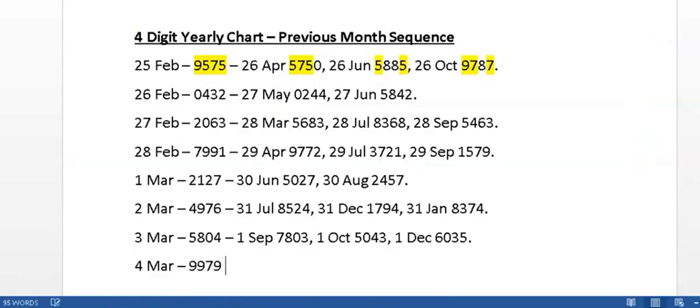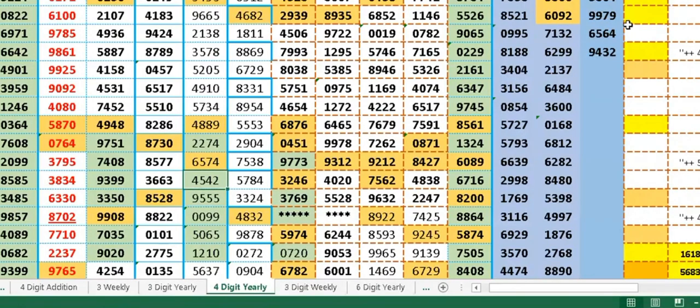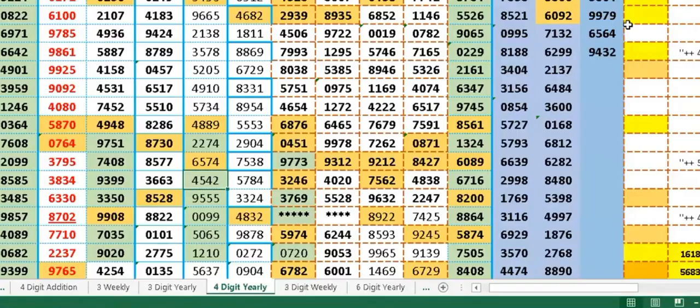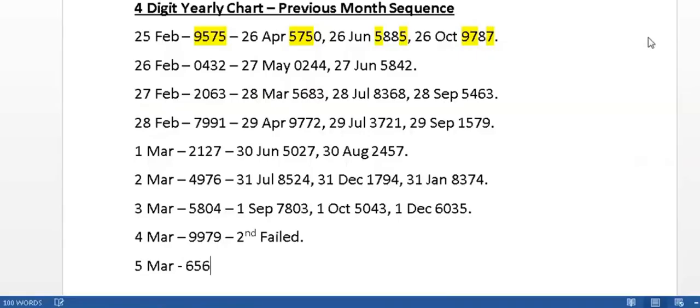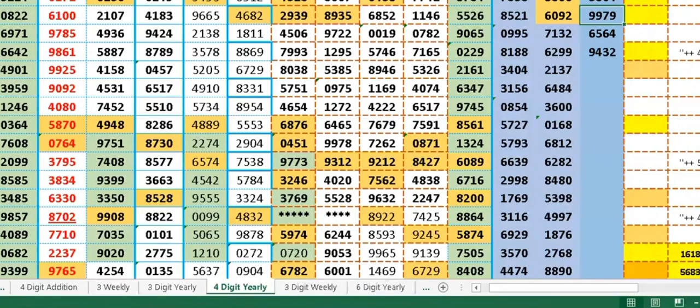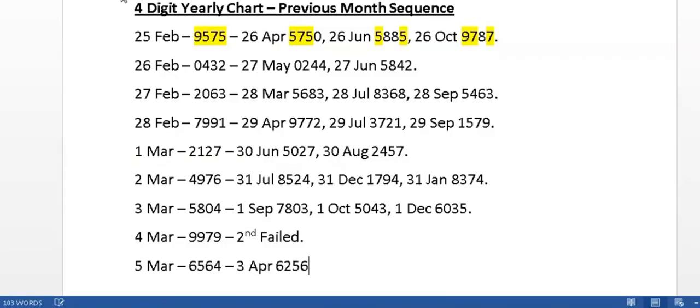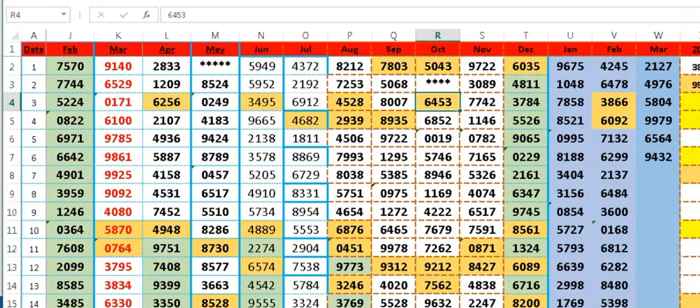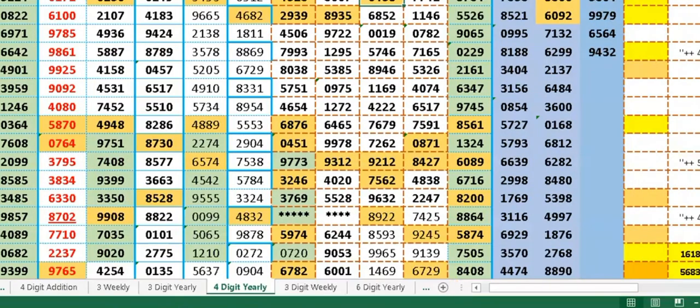Let us update the figures from the sequence above. So if you look at the fourth, I've updated the sequence.